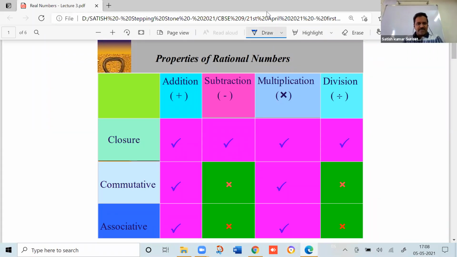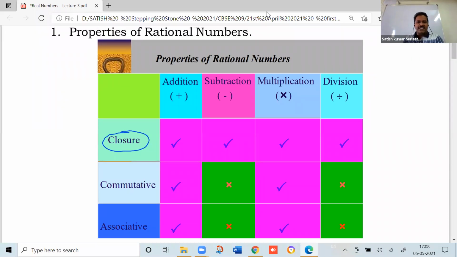The closure property means, when you take any two rational numbers and add, will you get a rational number again or not? You will get one. That means rational numbers satisfy closure property with respect to addition.